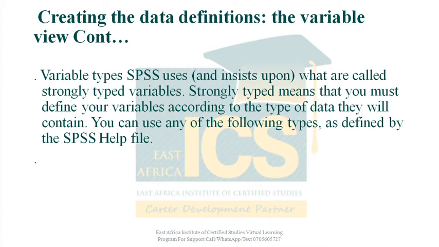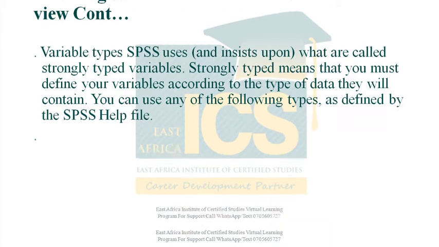A person cannot enter a sentence like 20. We need numbers. So if we specified that we need numbers, SPSS strongly insists that we only take in numbers. You can use any of the following types as defined in SPSS. The types you're going to look at are the types I've just shown you in the SPSS program.